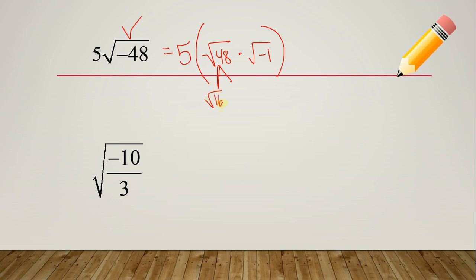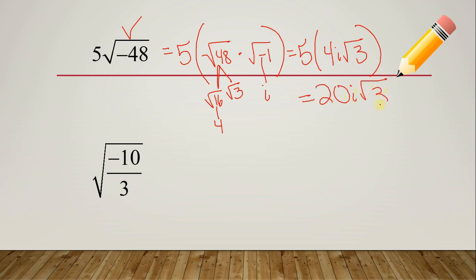So this is the square root of 16 times the square root of 3. The square root of 16 is 4, and the square root of negative 1 is just i. So technically this inside is 4i square root of 3. Multiply my 5 by that 4i, and we'll get 20i square root of 3.